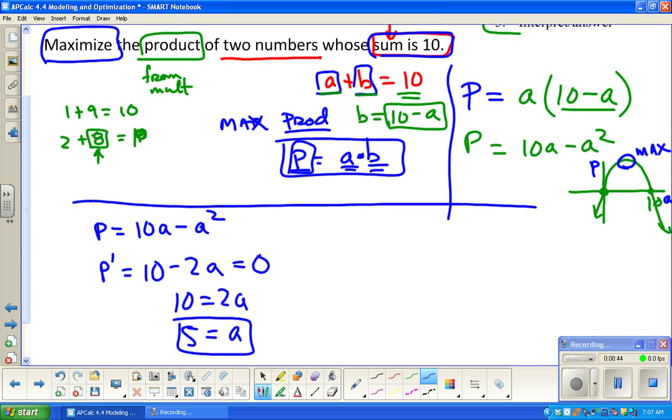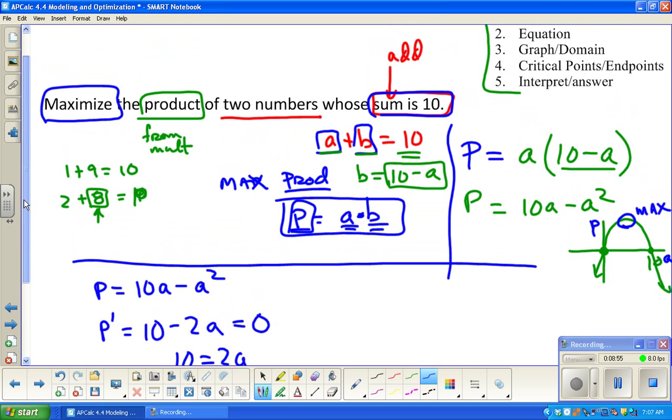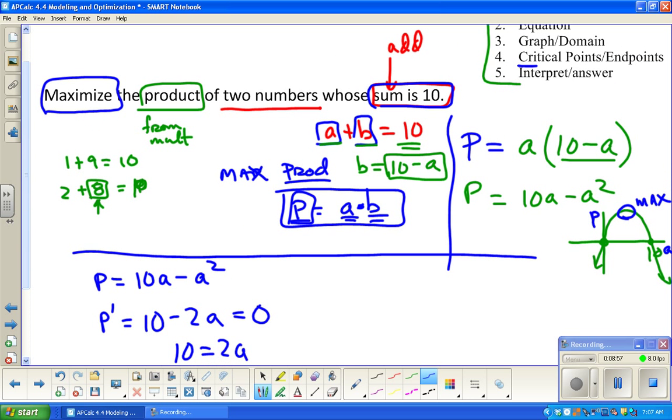Maximize the product of two numbers whose sum is 10. Well, that sounds to me like it wants to know a maximum product. Now before I do this, let me pop back here. Critical points, we have all of them. It's 5 and, well, 10 minus 5 would be 5, so this would be 5 times 5, so 25 is the y value or the P value.